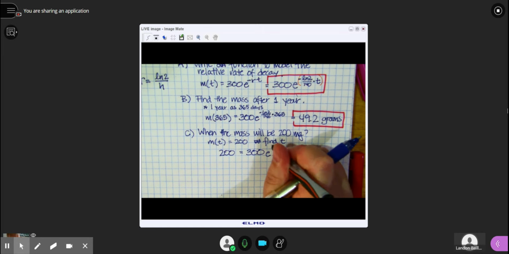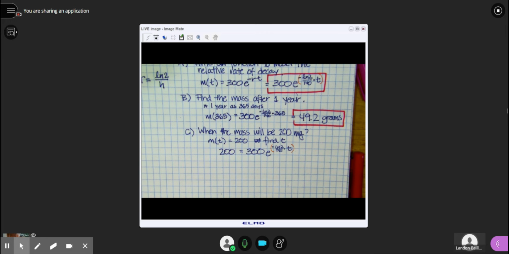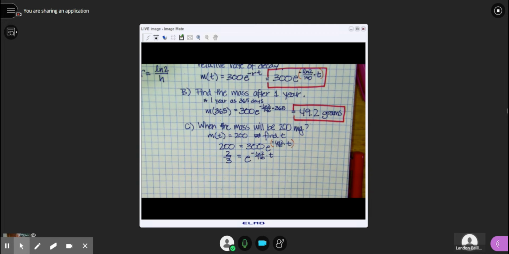Again, all of this is my exponent. The big idea here is I need to bring this down out of the exponent. So I'm going to divide by 300 first. That's 200 divided by 300. That's 2/3.